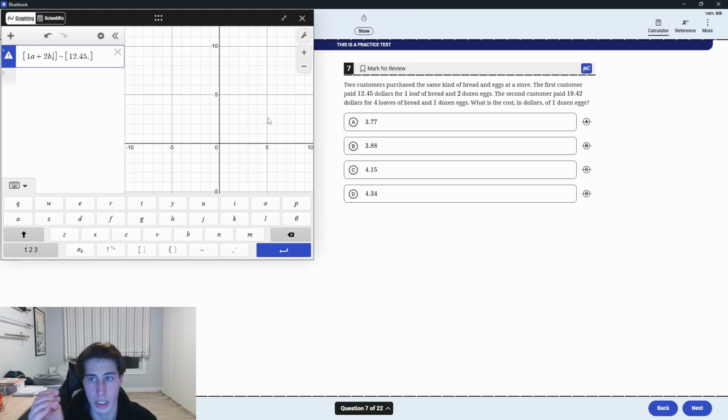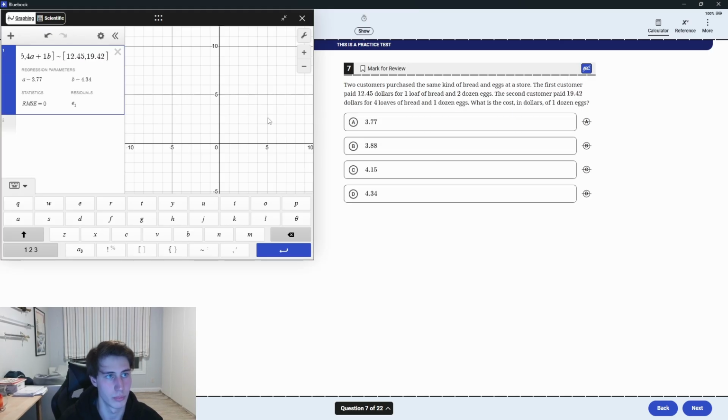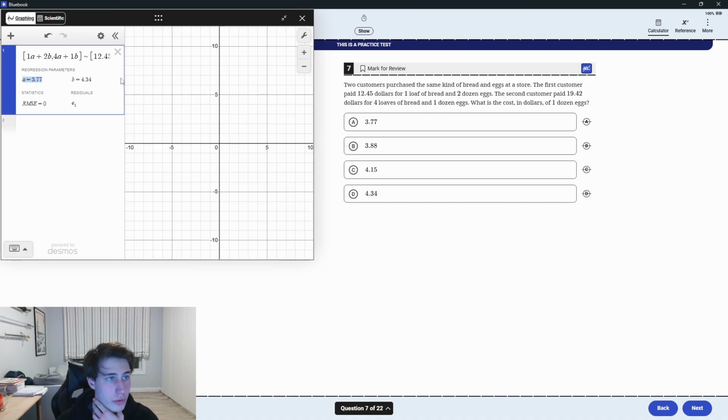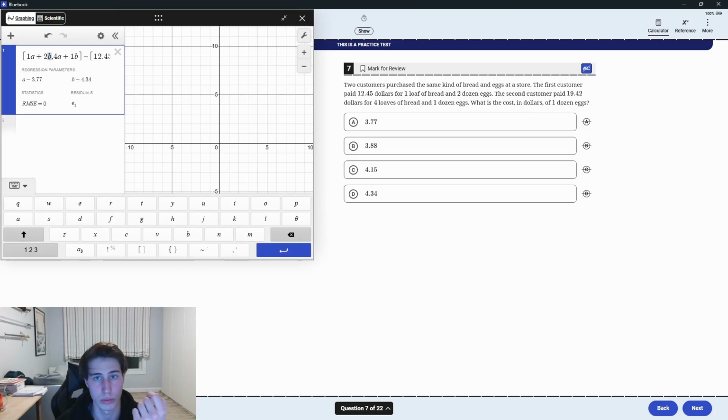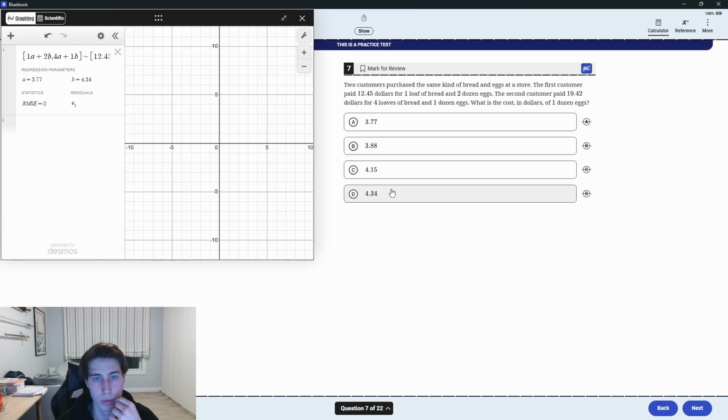The second customer paid $19.42 for 4 loaves of bread, so 4A, plus 1B, because it's 1 dozen eggs, set equal to 19.42. And in this case, it finds out that 1 loaf of bread is $3.77, and then 1 dozen eggs is $4.34. So what is the cost in dollars of 1 dozen eggs? So we set that equal to B. So that is 4.34, which is D.